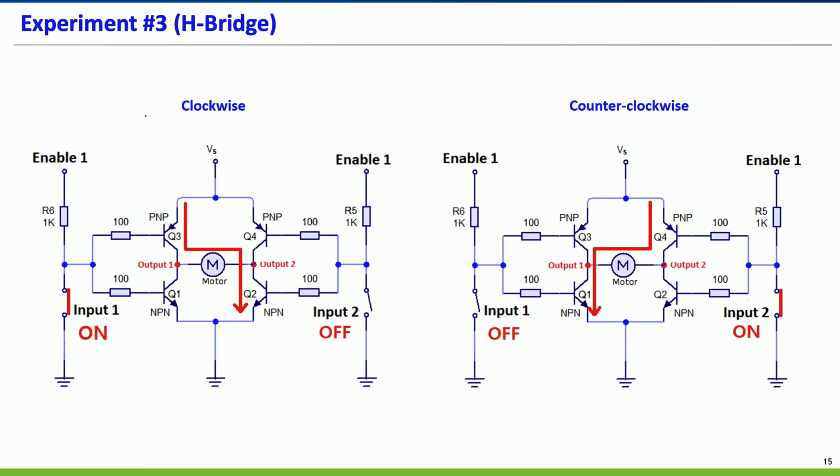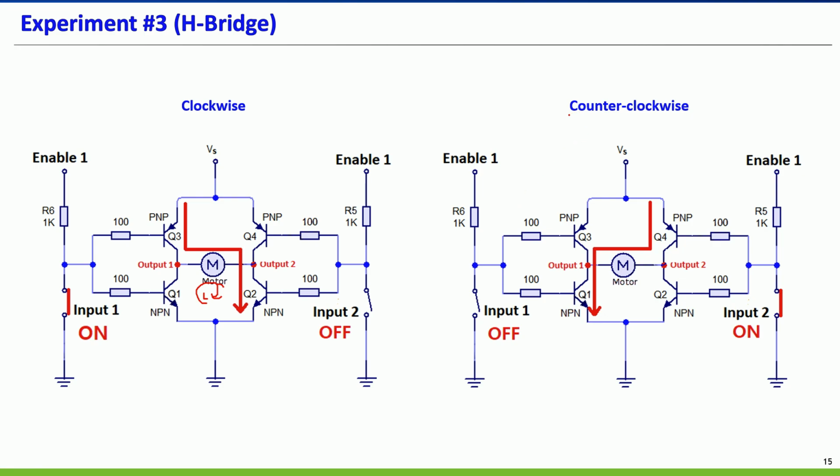When you drive clockwise, you should close input 1, so the current flows from here through here, and the motor will rotate clockwise.